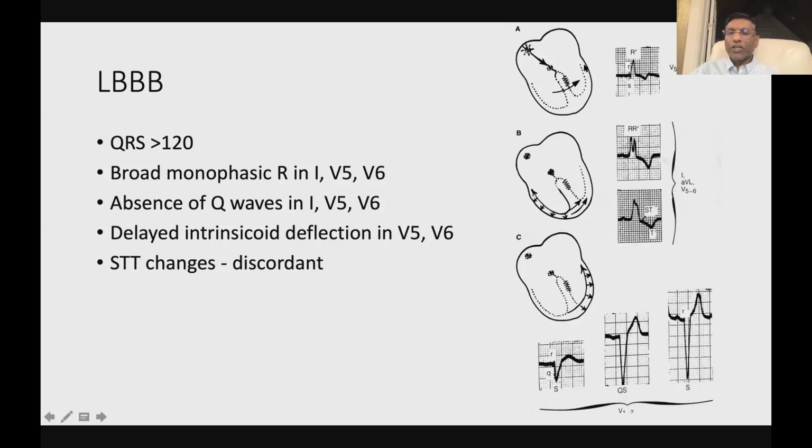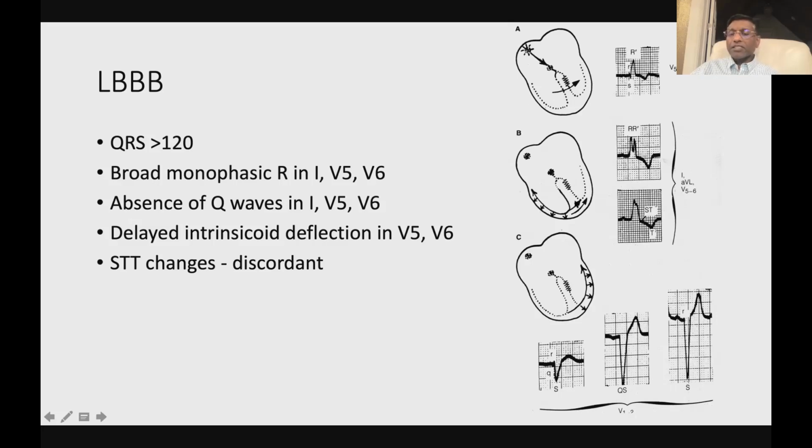You'll see a tiny Q wave in lead 1, AVL, V5, V6. In left bundle branch block, those Q waves in lead 1, V5, V6 will be absent. That's one feature of left bundle branch block, as to what's going on in the septum.